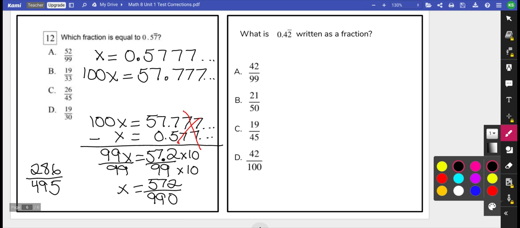Let's try 9. Nope, that doesn't work. 286 divided by 13. There we go. So I'm going to divide this by 13.